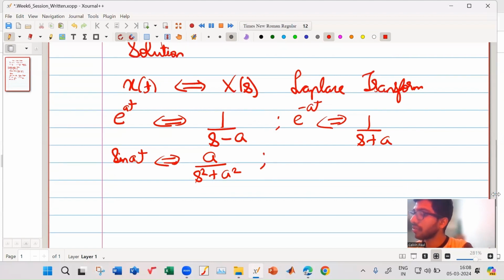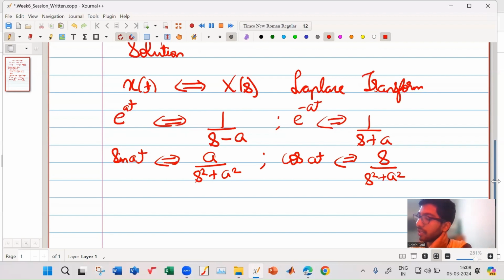And what is the Laplace transform of cos at? s by s square plus a square. Okay, so these are very standard relations which we will find very useful while solving our electrical circuits using Laplace transforms.